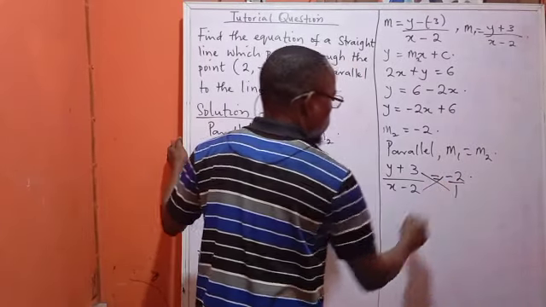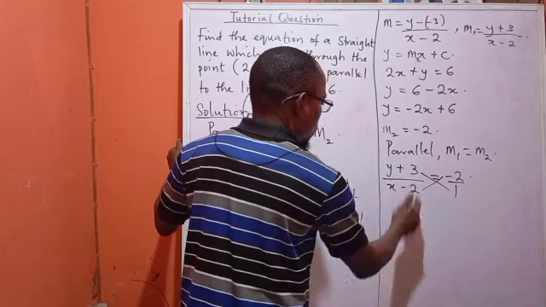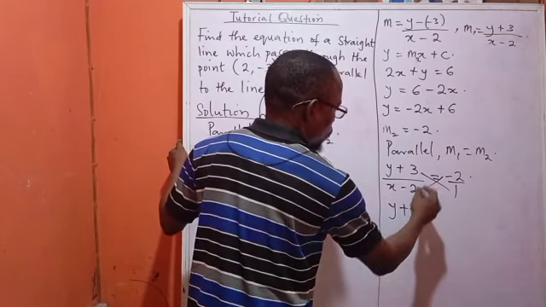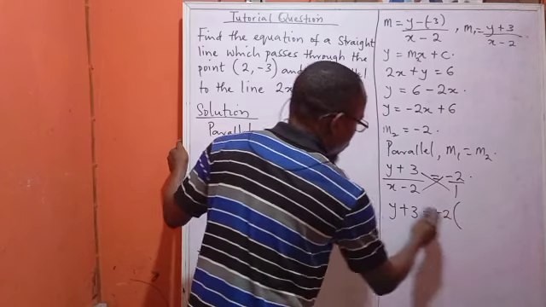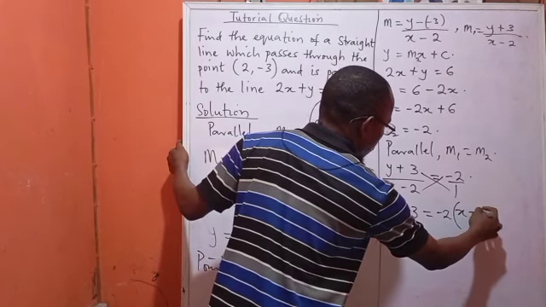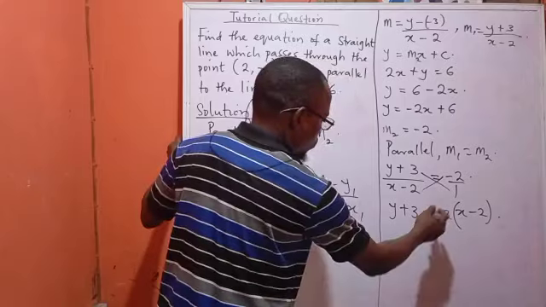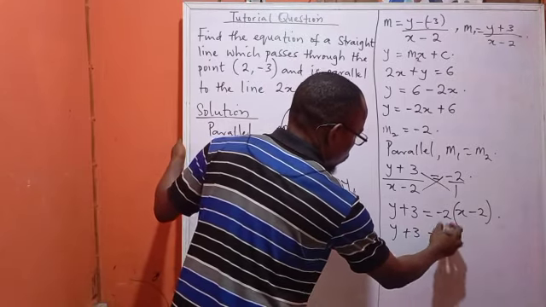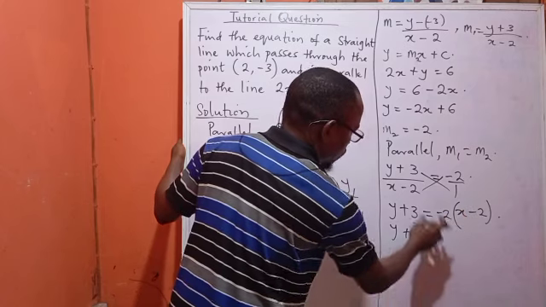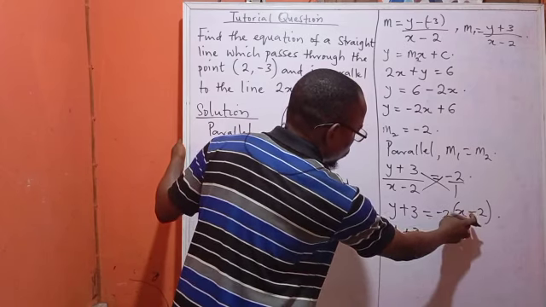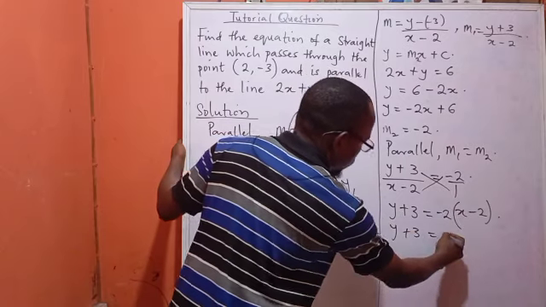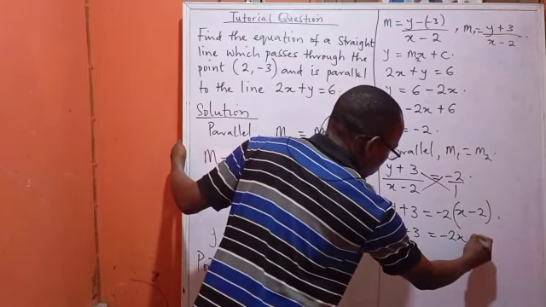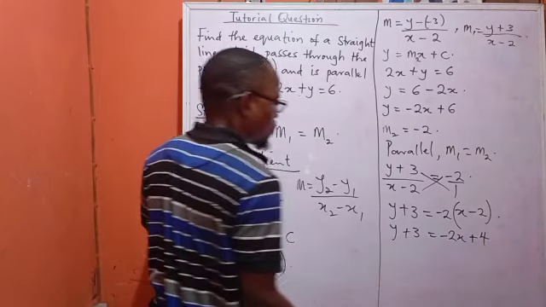So let's cross multiply: y plus 3 equals minus 2 bracket x minus 2. Let's expand: minus 2 times x is minus 2x, and minus 2 times minus 2 is plus 4.